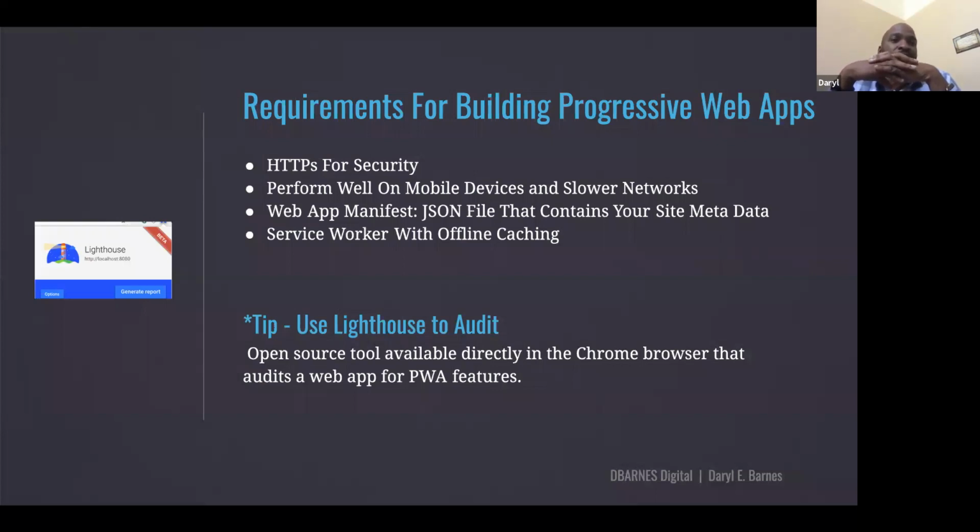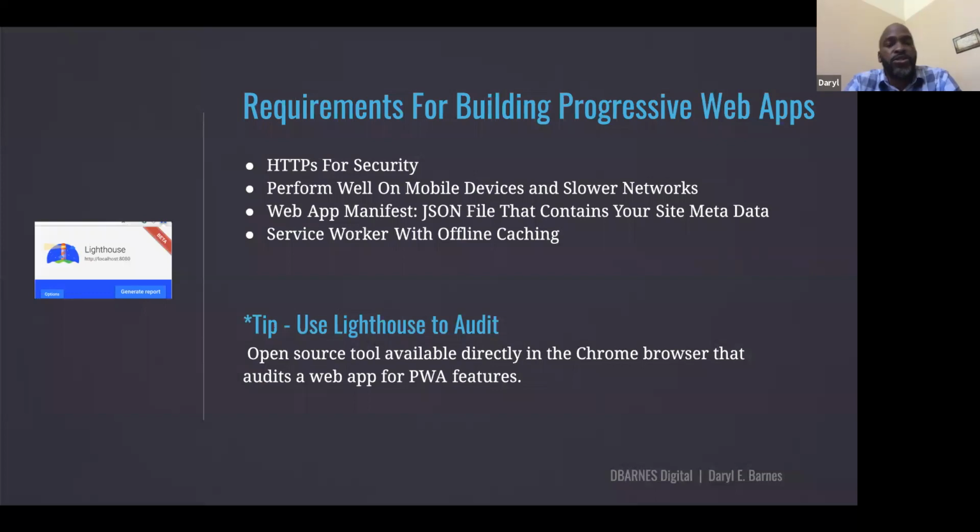There's not a lot you have to learn that's new, other than the service workers API. Service workers allow you to make the app work offline, and it's a requirement for a PWA. So you want to make sure that is taken care of.